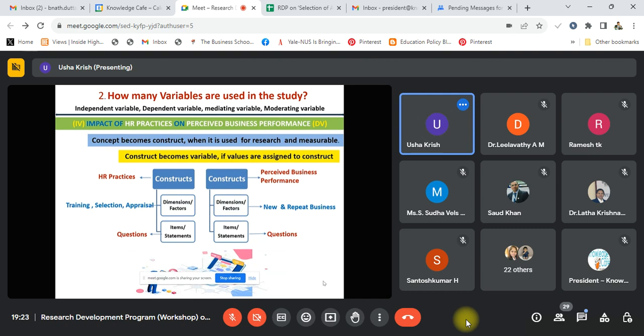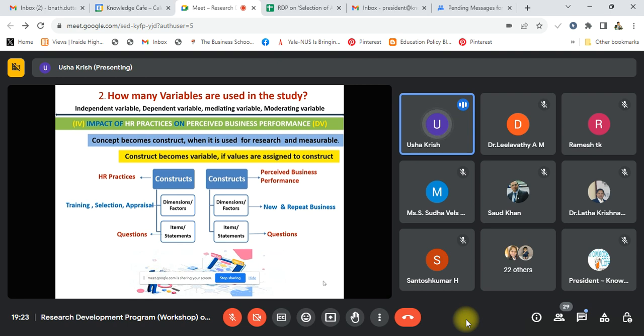Okay. For instance, if my specialized area of interest is human resource management, then HR should be considered as concept. If I use the same concept in my study, it becomes construct. If values are assigned to such constructs, it becomes variable.